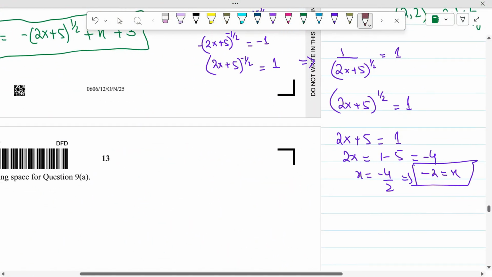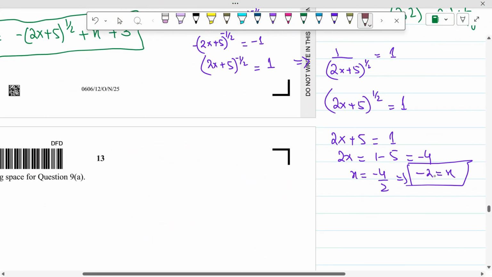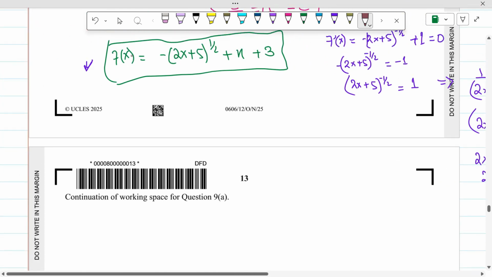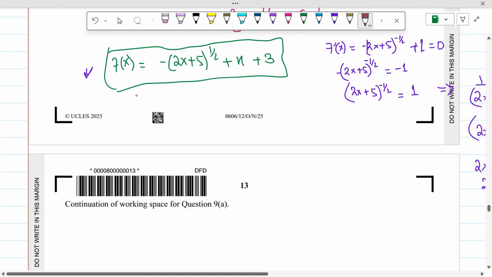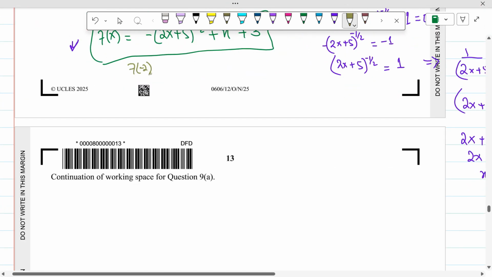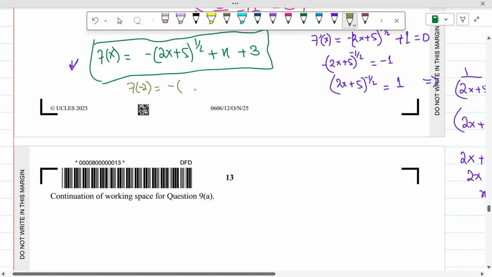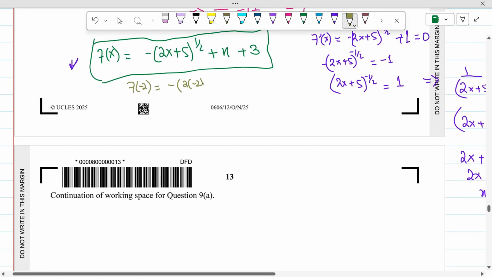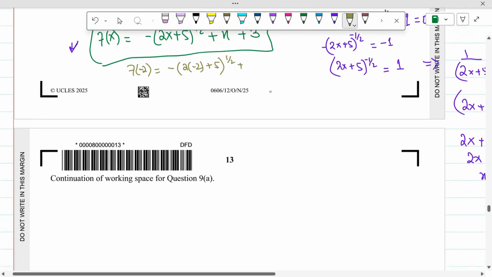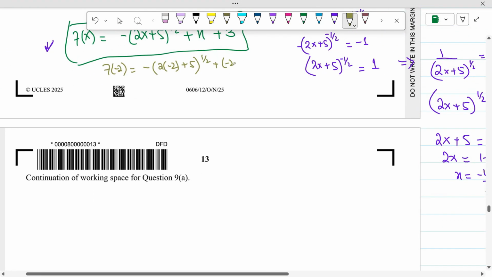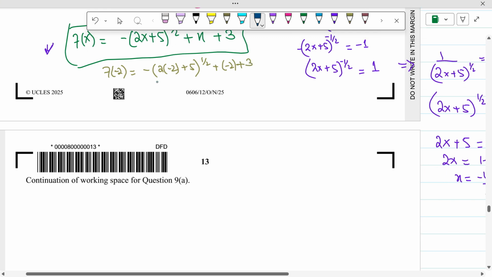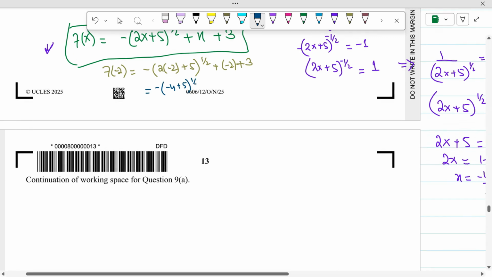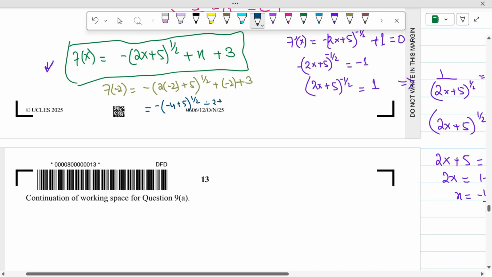So we have the x coordinate of the stationary point, which is negative 2, and plugging this x coordinate in this equation we will get the y coordinate. So f(-2) equals negative (2 times negative 2 plus 5) to the power half plus x means negative 2 plus 3. So this is equal to negative (negative 4 plus 5) to the power half minus 2 plus 3.